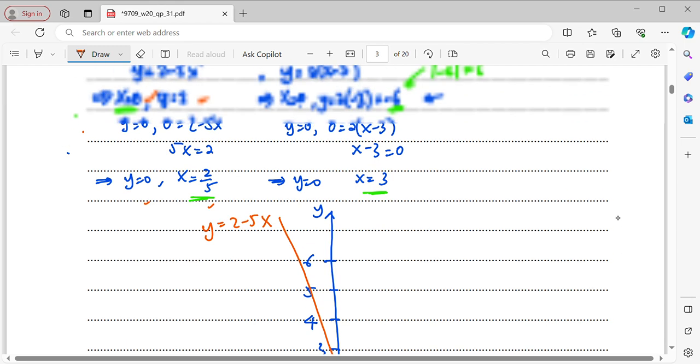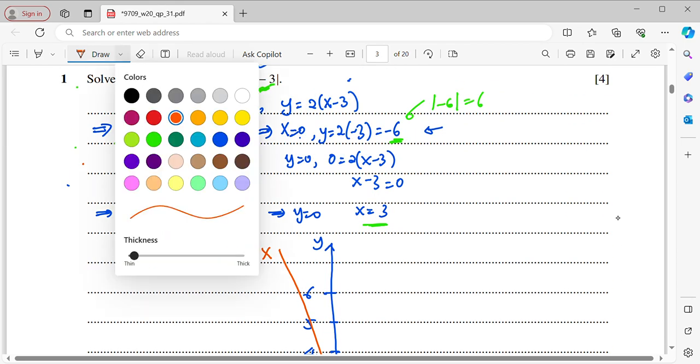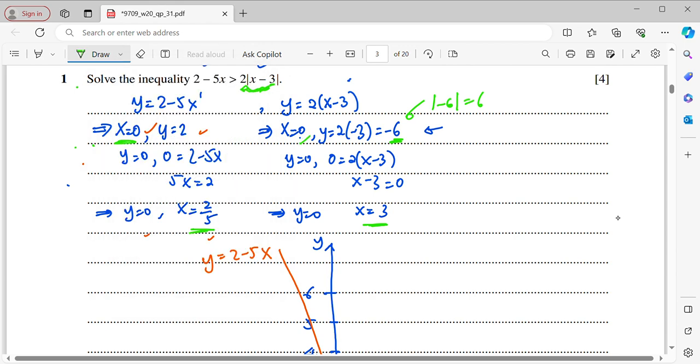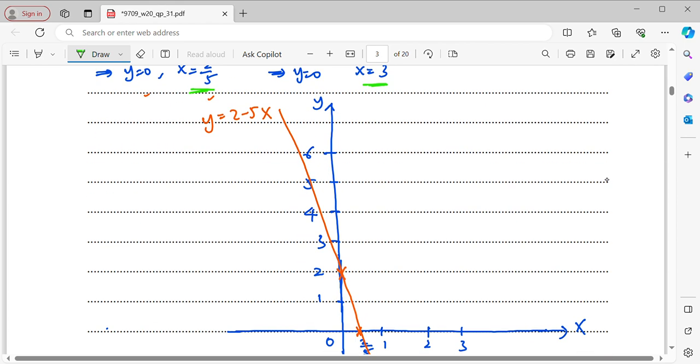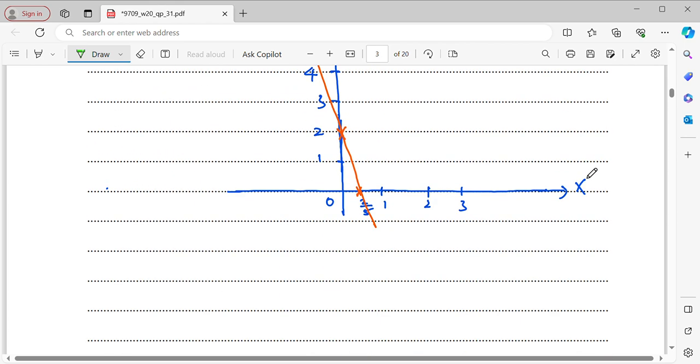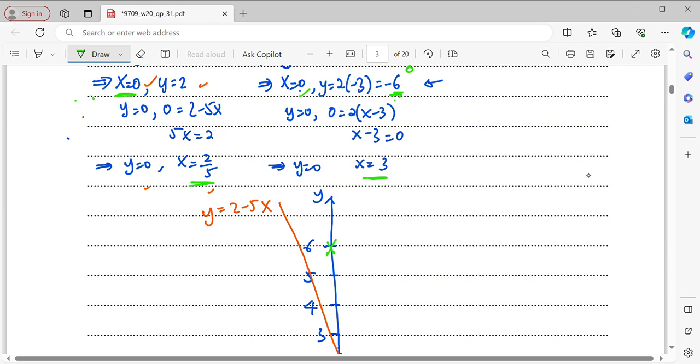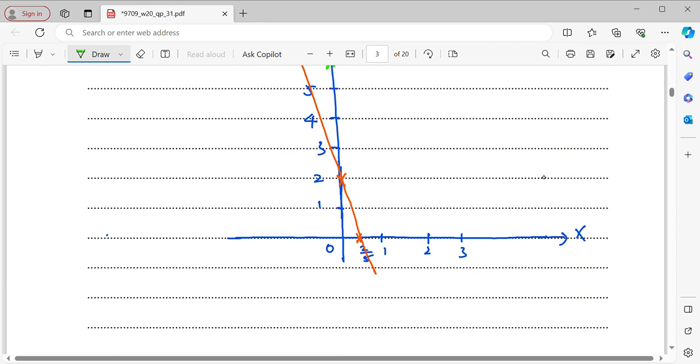Now for my second graph, when x equals 0, y is minus 6. But as I mentioned just now, your original function is a modulus. After we have taken the modulus, this is 6. So this is 6, but actually the original one should be here. The other point is at x equals 3, y equals 0, which is over here.